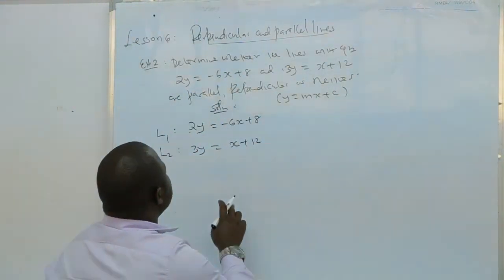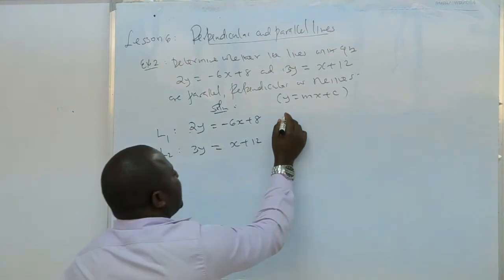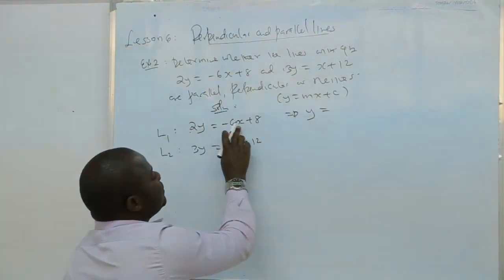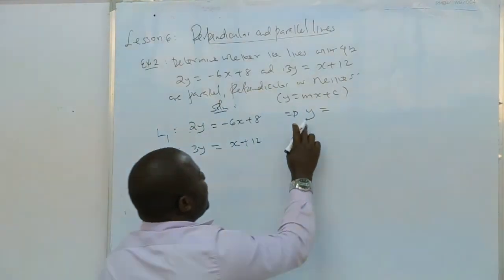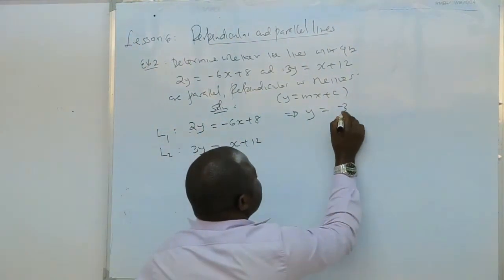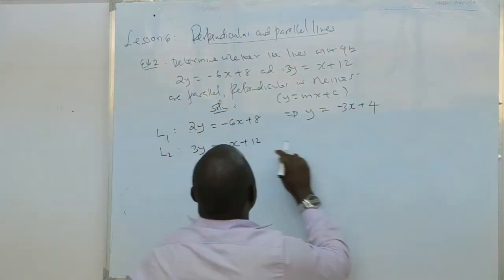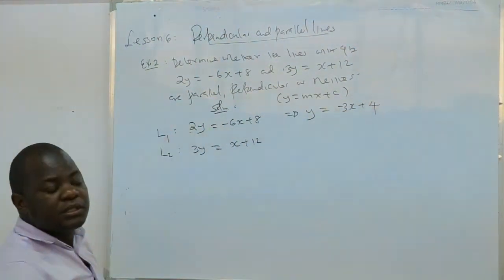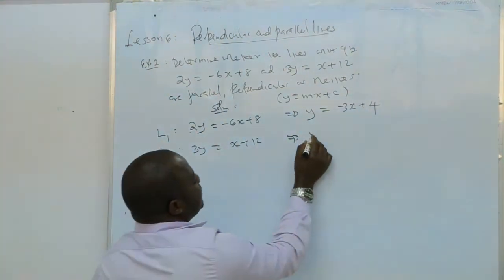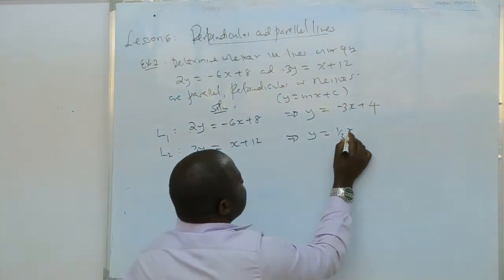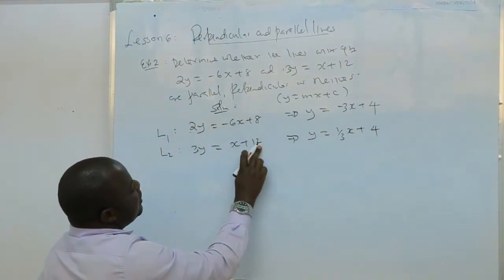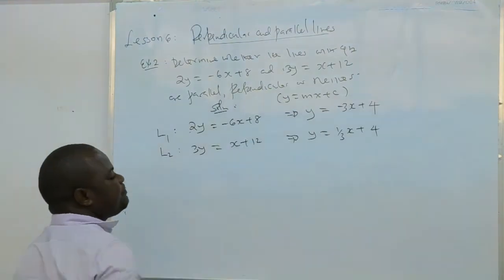When we transform the first line, we get y = ..., dividing through by 2. So 2 divided by 2 is 1, and -6 divided by 2 is -3, so y = -3x + 4. Dividing the second through by 3, we get y = a third x, plus 4.